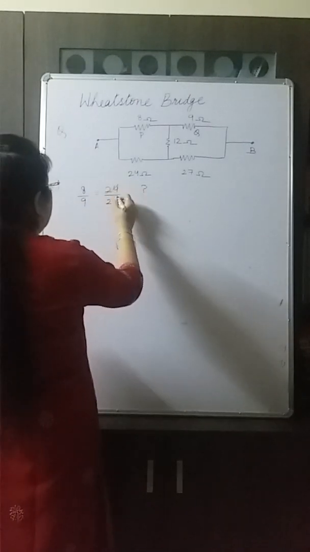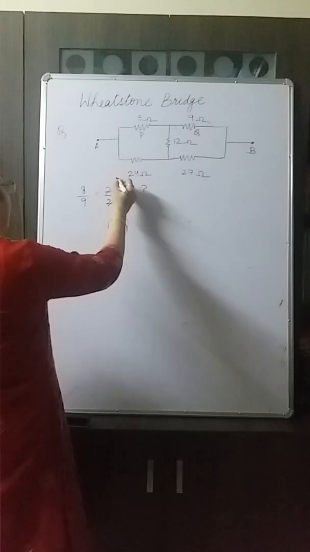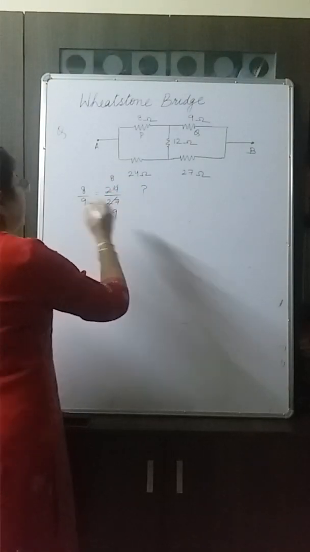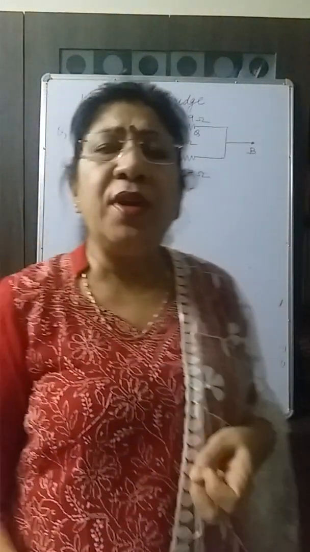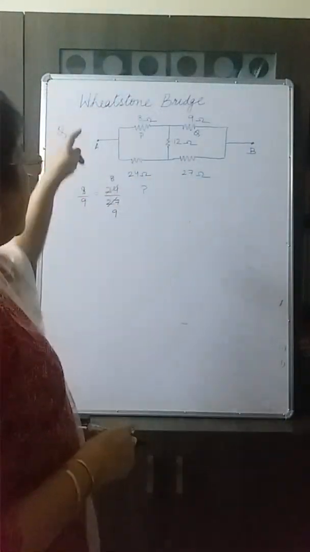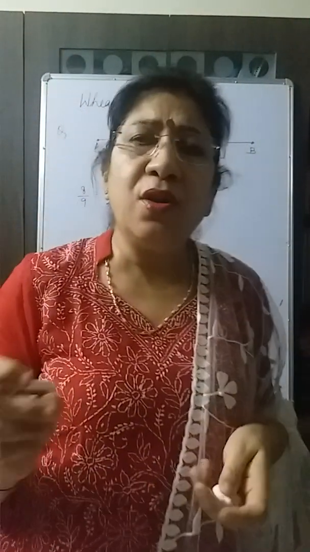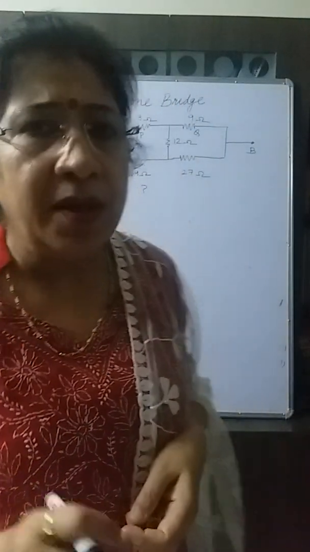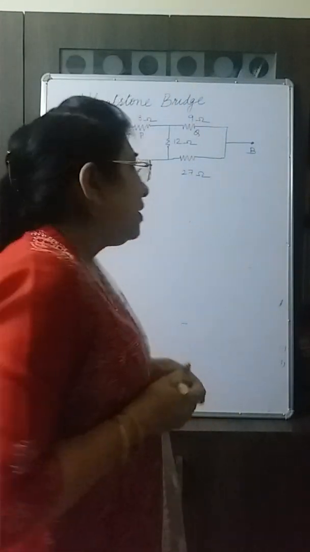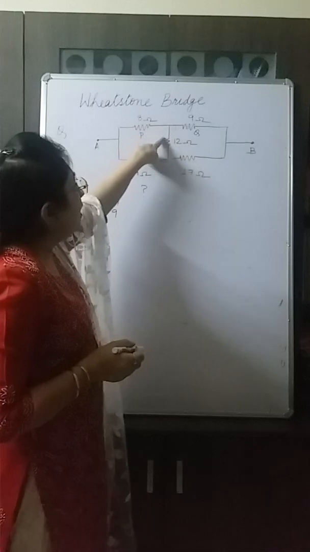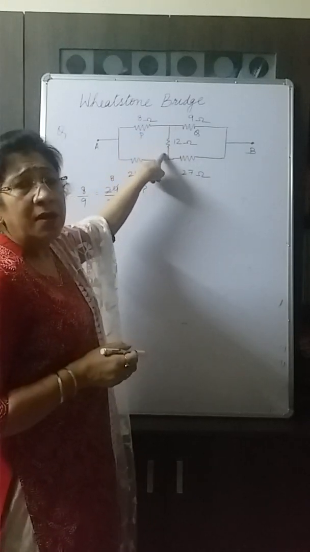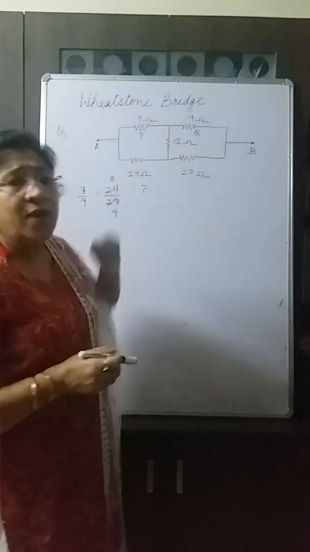Let us see whether the condition is satisfied or not. Here we can cancel it. This means P by Q equals to R by S. So here these 4 resistors are satisfying the condition of balance in a Wheatstone bridge. When this is the case, then no current will flow through the branch having 12 ohm resistor.